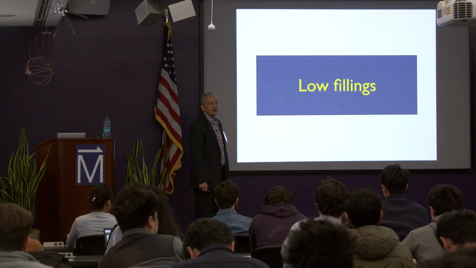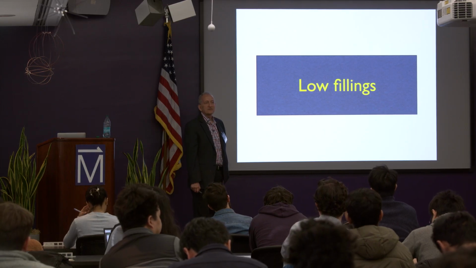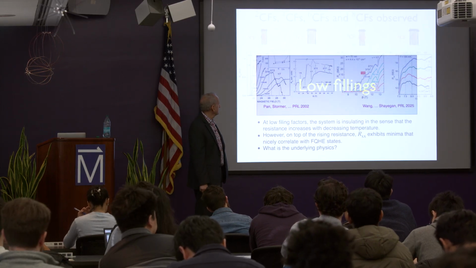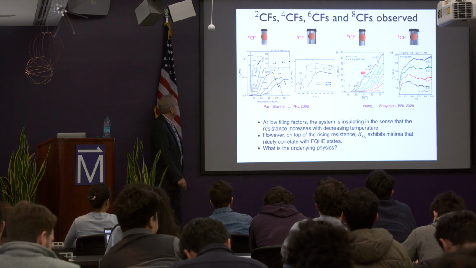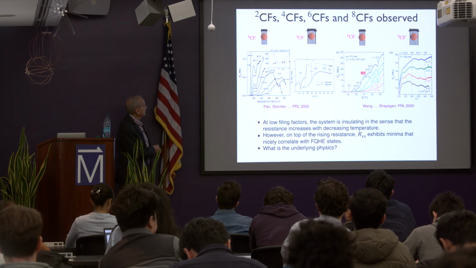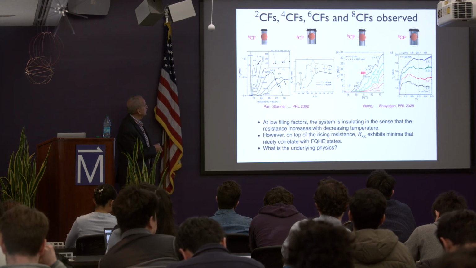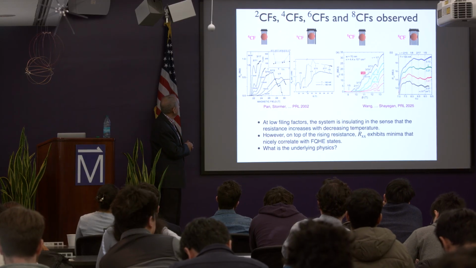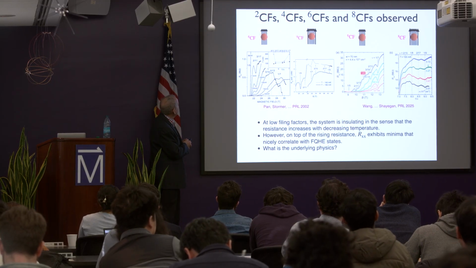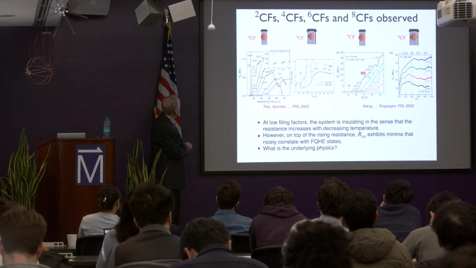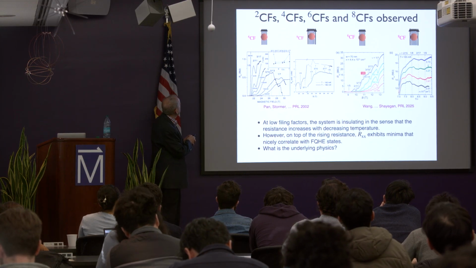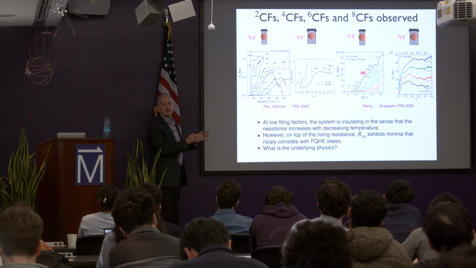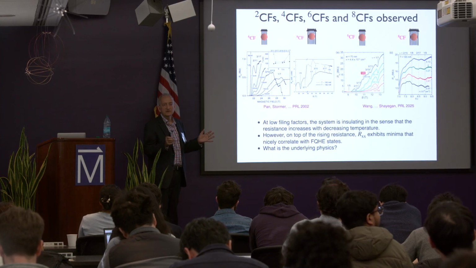Okay, now there is also this puzzle at very low filling factors. So let me show you results here. This has been known since 2002. The experimental observation is the following. If you go to very low temperatures, then the resistance just goes to infinity. At some point, it cannot be measured.